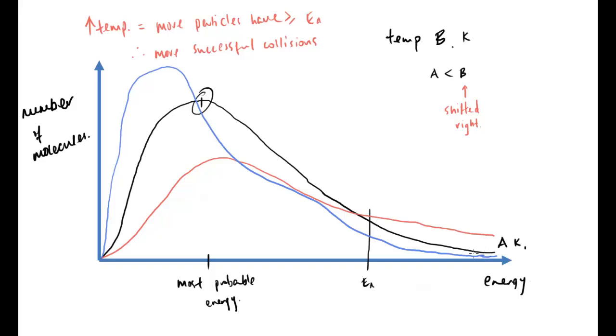I probably should have thought about that, but there we go. This time, I'll try and get my arrows the right way round. So A is bigger than C. I should have labelled these really. C Kelvin.